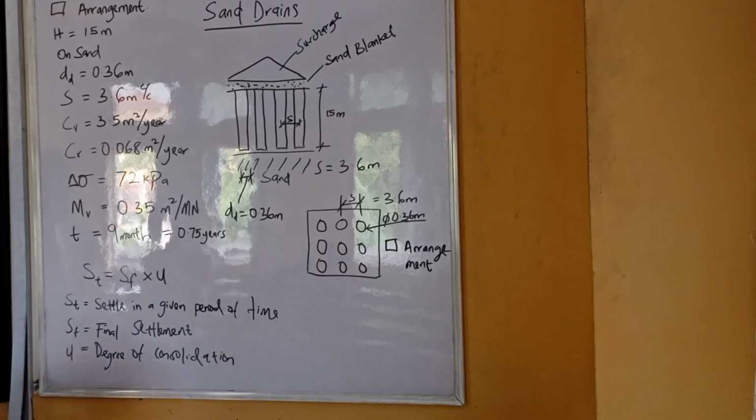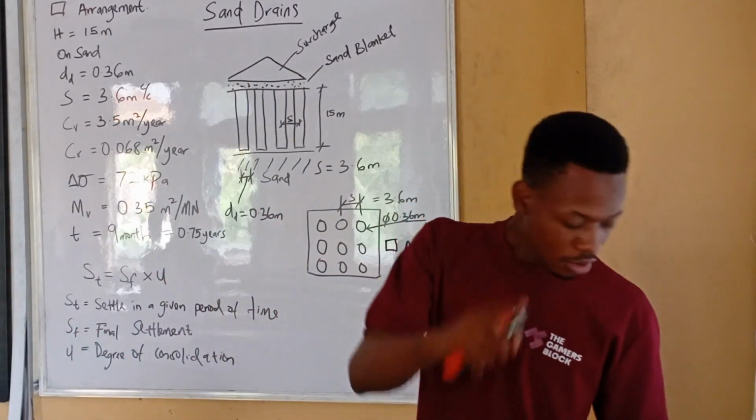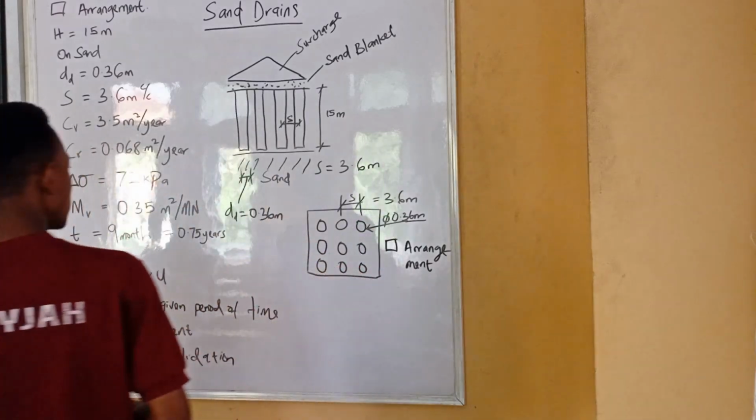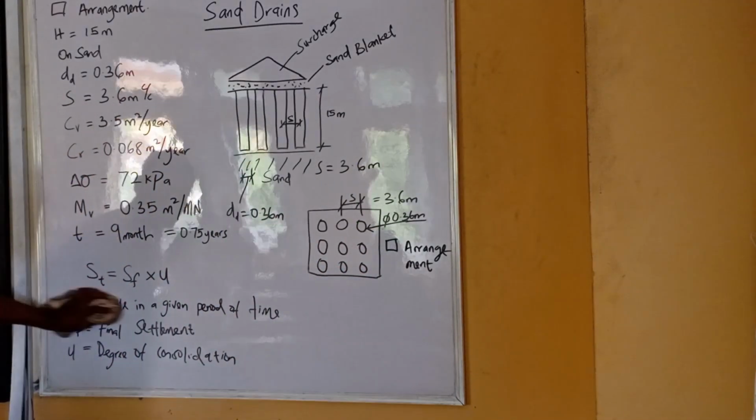So what this formula means is that once we are able to calculate our final settlement, multiplied by the degree of consolidation for that period of time, then you're able to get the settlement for that period of time.